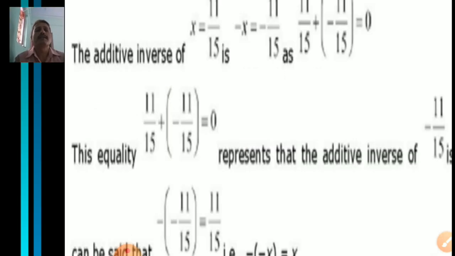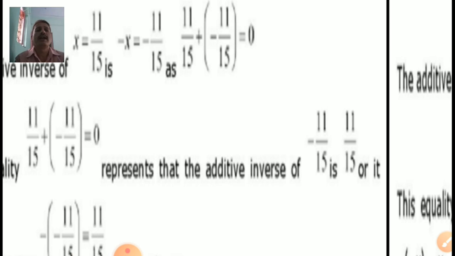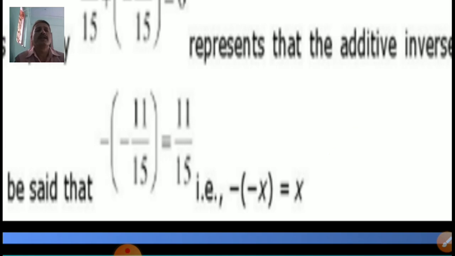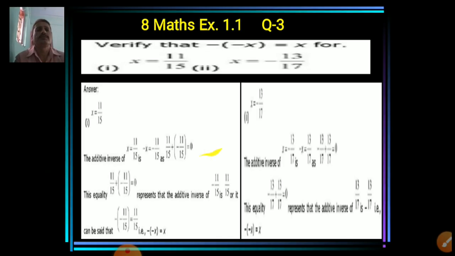Okay, this equality gives us back the same number, so we can define it that the additive inverse of the additive inverse is the same number. For the second question, you try yourself, and if you find any problem, just check.